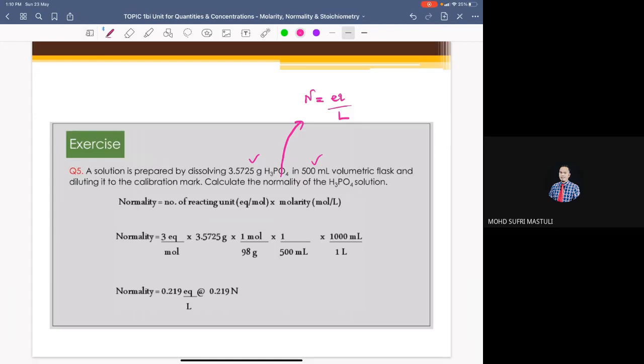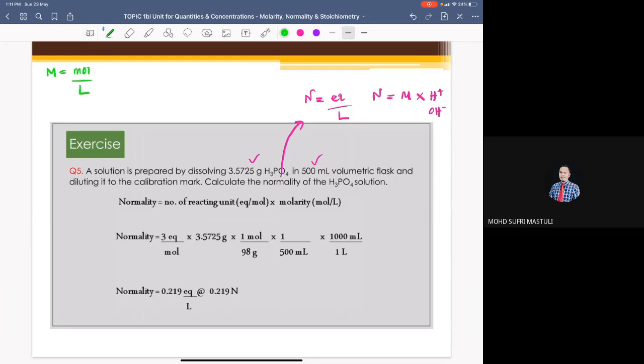Or we can try another way, because we know normality can also be calculated using molarity times the number of acid or the number of hydroxide. Let's see, we try this formula. If we want to try this formula, we have to calculate the molarity first, mole per liter.